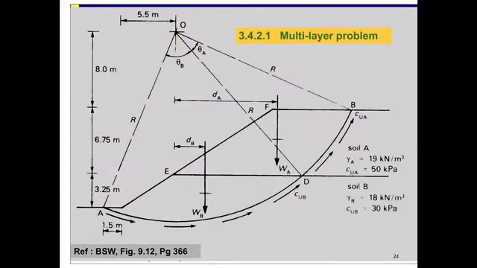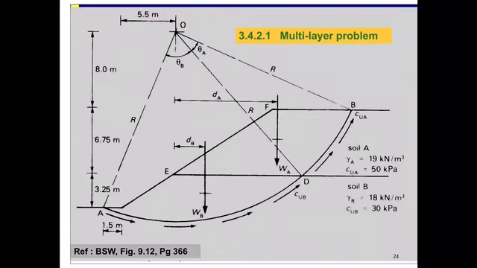So we also have two thetas. If two layers, we have two sectors and two thetas. If three layers, we have three sectors and three thetas.